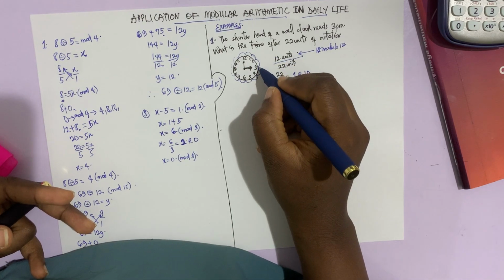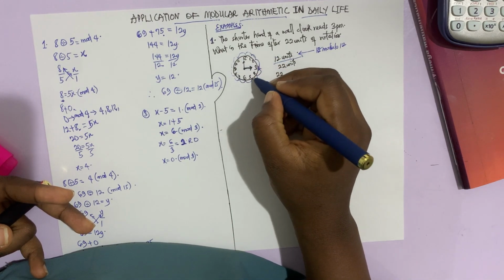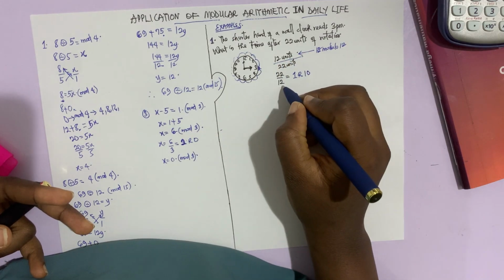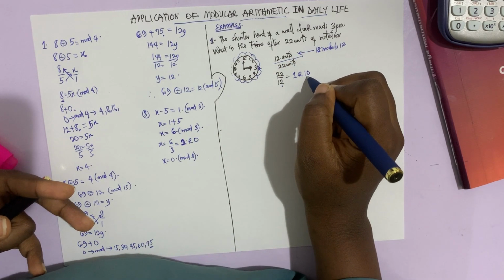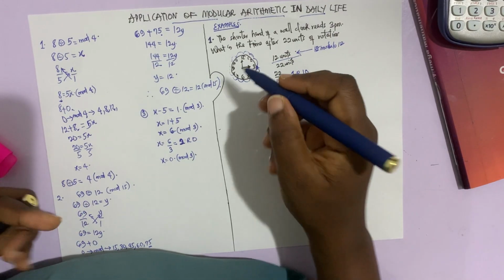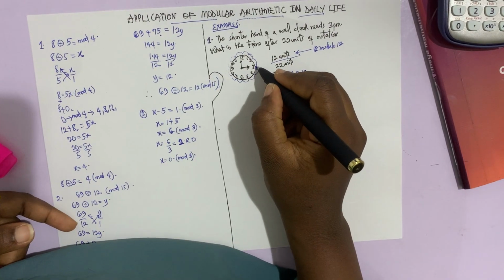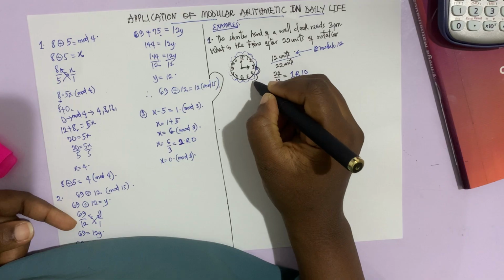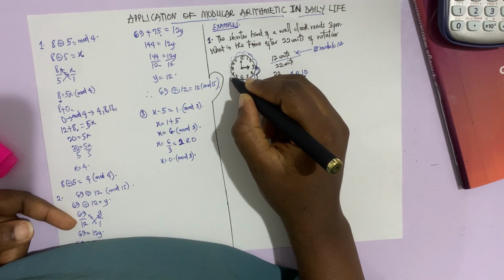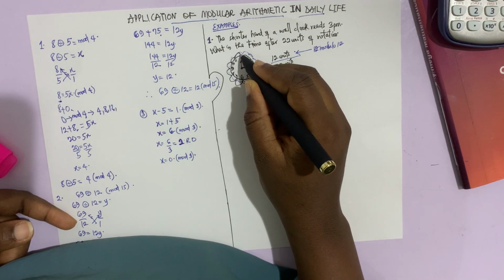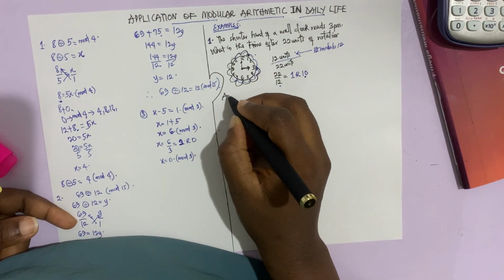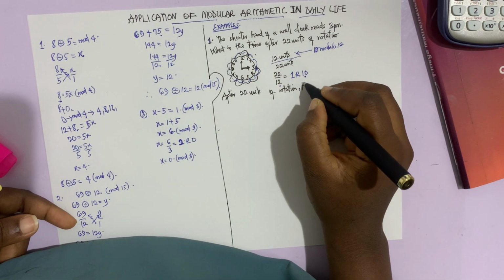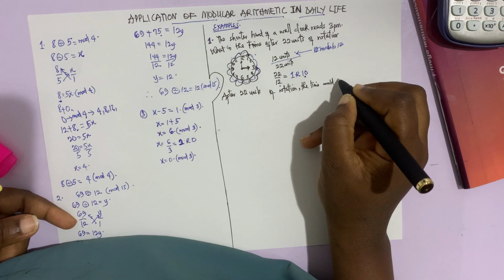So it means that if we start from 3, for it to get back to 3, it will use 12 rotations, so it remains 10 rotations. So to get the 10 rotations, we will start counting again: 1, 2, 3, 4, 5, 6, 7, 8, 9, 10. So it means that after 22 rotations, the time would be 1 p.m.